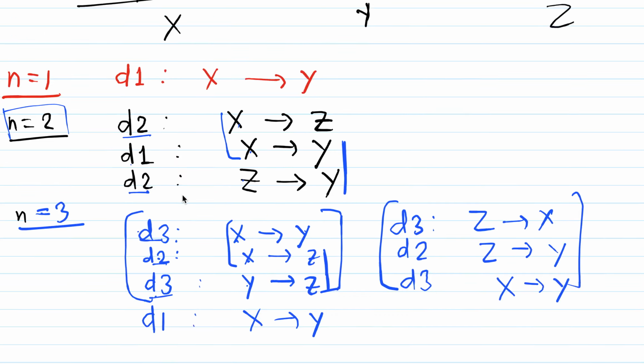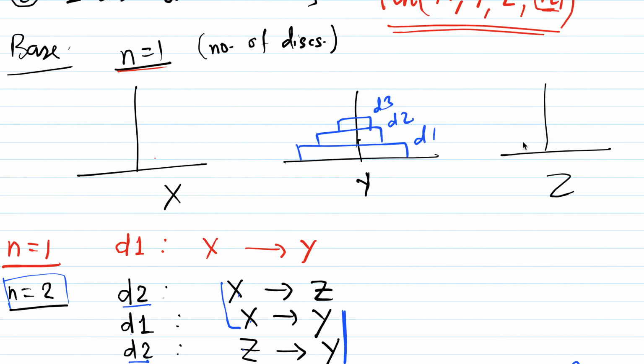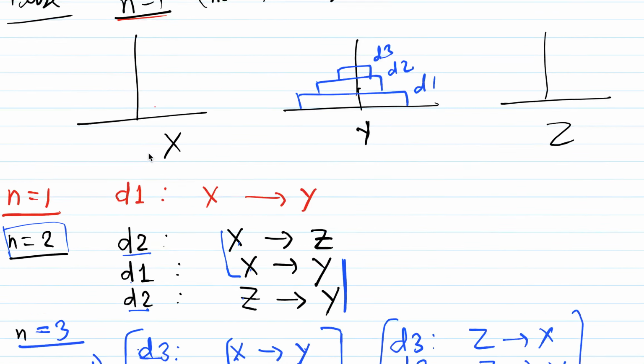So what we had done after these three steps was nothing but moving two of the disks from X to Z using Y. If you remember, after these three steps, two disks had come here, D2 and D3, and D1 was lying here.